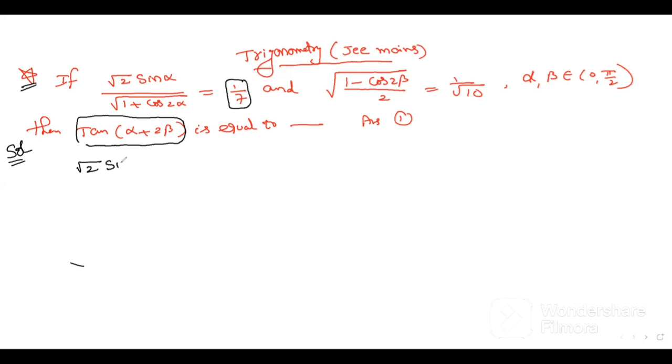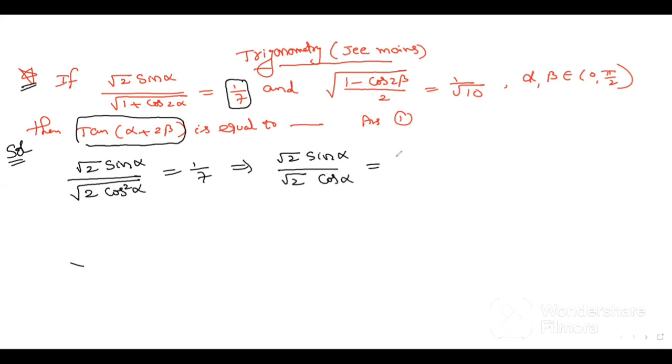Root 2 sin alpha by root under 1 plus cos 2 alpha; we have the formula 2 cos square alpha, equal to 1 by 7. The denominator is root 2 into cos square alpha root, which is cos alpha, equal to 1 by 7. We get sin alpha by cos alpha, so tan alpha is equal to 1 by 7.